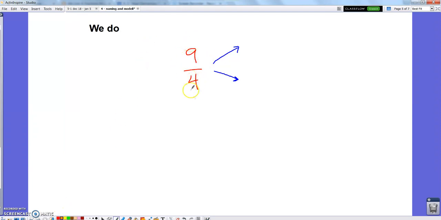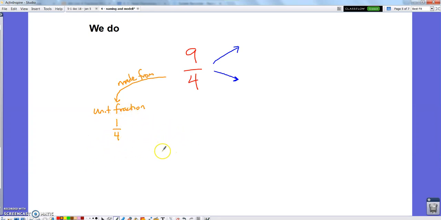let's deal with this. So one thing I'd love for you to know, so this 9/4 is made from the unit fraction of 1/4. So I'd say its base unit fraction is 1/4, right?